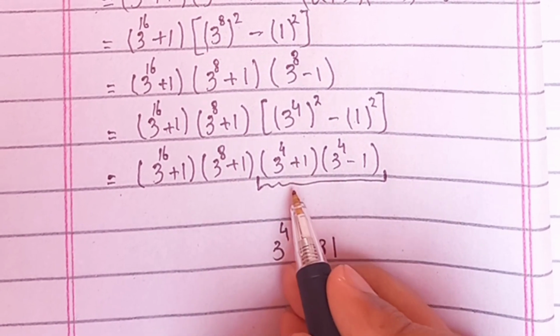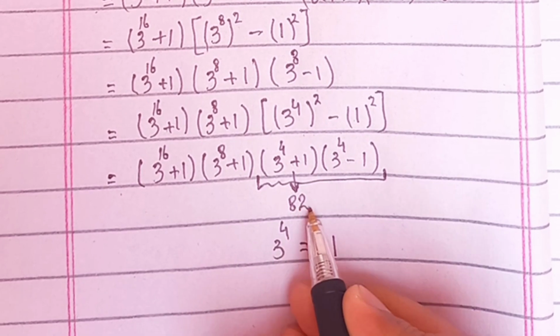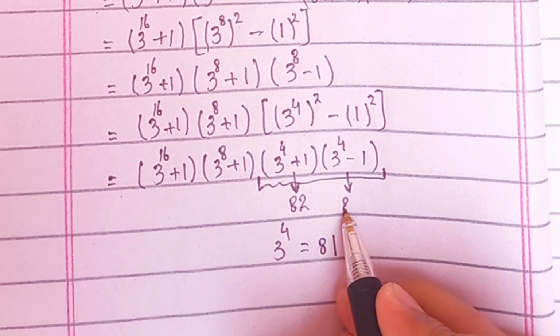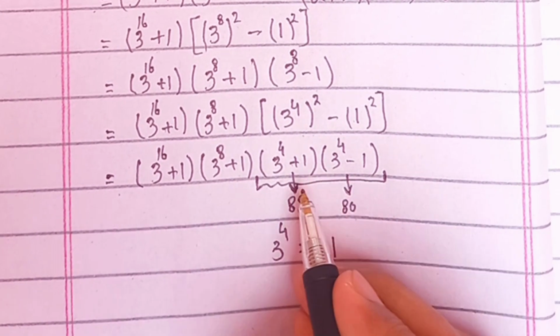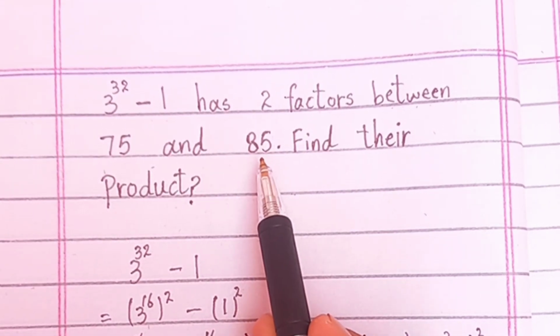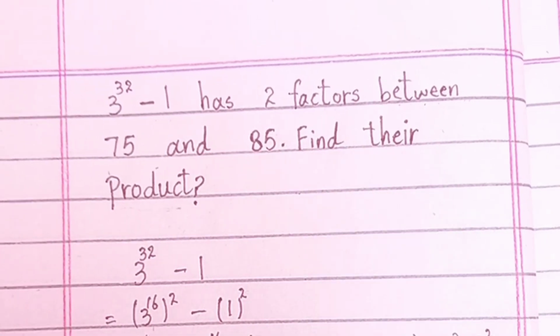So this one is 82 and this one is 80. So these two factors are between 75 and 85, and we have to find their product.